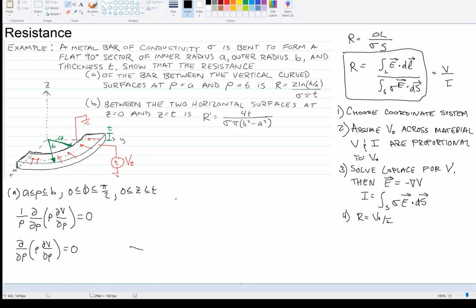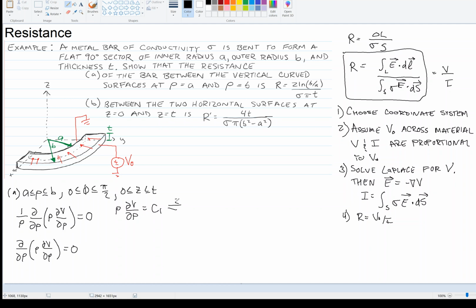Now I have the derivative of something, the thing in parentheses, is 0. So that means that thing in parentheses must be a constant. So I'm going to call that constant C1. Okay? Now I have rho times a derivative is a constant.